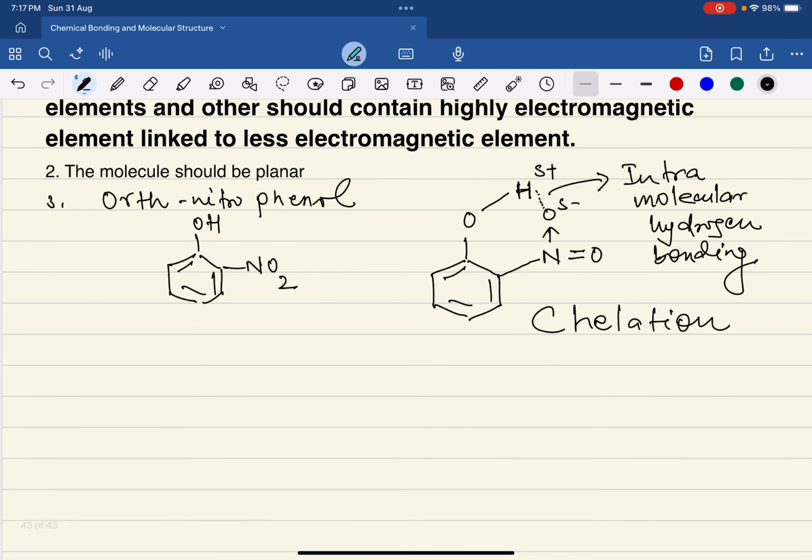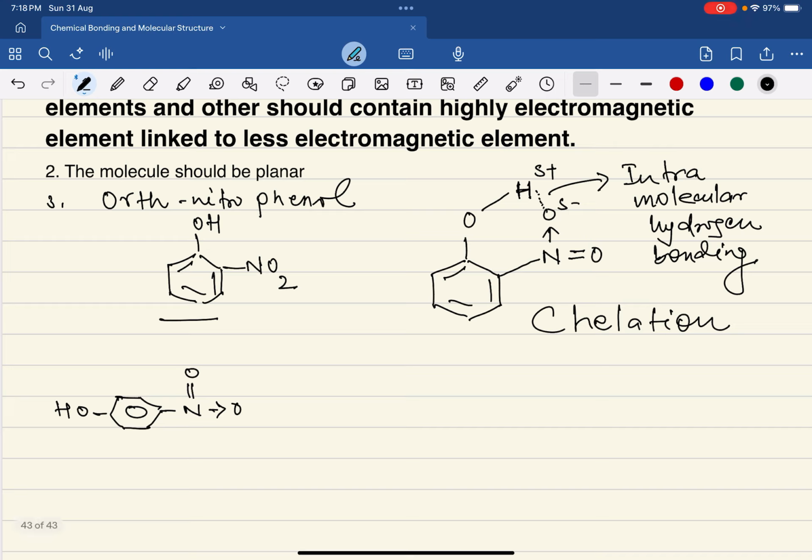But in the same molecule, if the nitro group is attached at the para position like this, NO2, this is orthonitrophenol in this case and the nitro group in the para position.